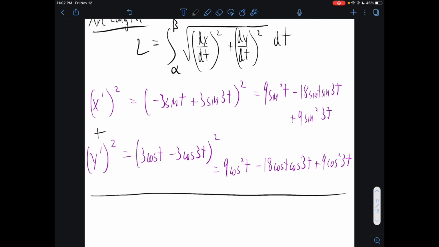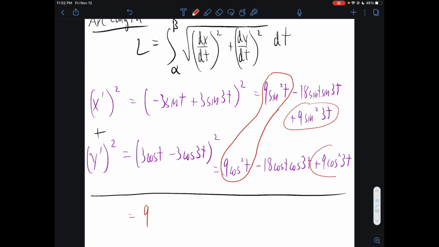So we can notice a couple of things. If I add the 9 sine squared t plus the 9 cosine squared t, that gives me 9, because it's just 9 times the Pythagorean theorem. I also get another 9 from 9 sine squared 3t plus the 9 cosine squared 3t.